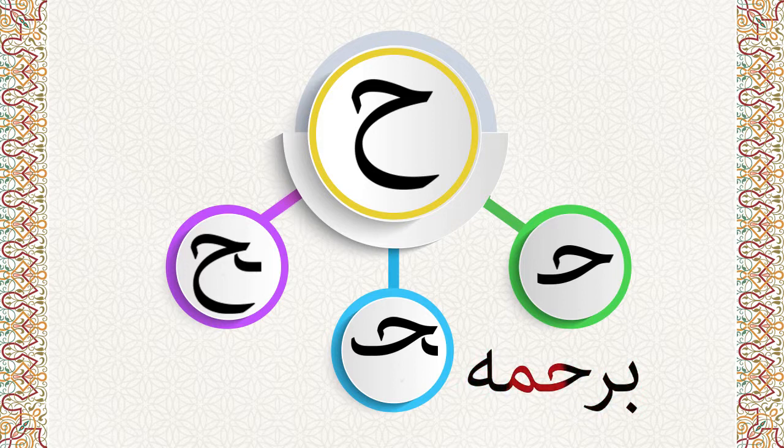Sometimes Ha comes in this shape in the middle of the letter. And the second shape, yajhadu. This is the second shape of the Ha. Sometimes Ha is used in this shape in the middle of the letter.